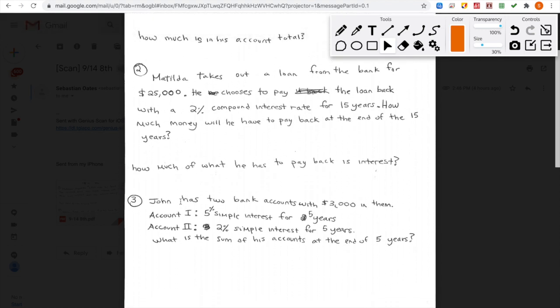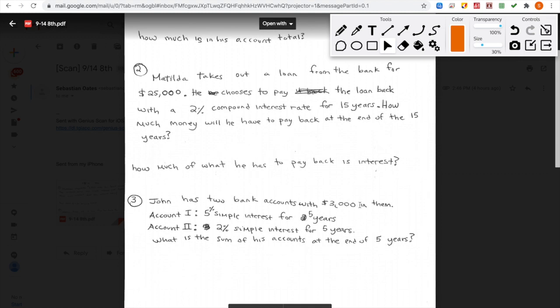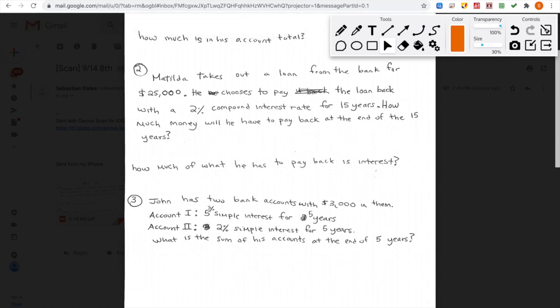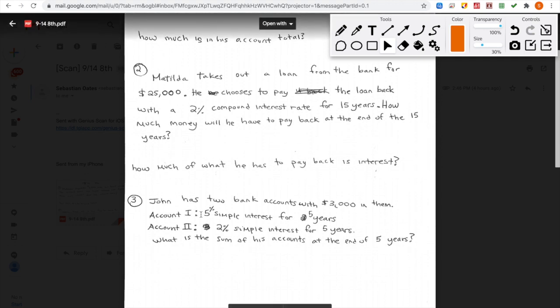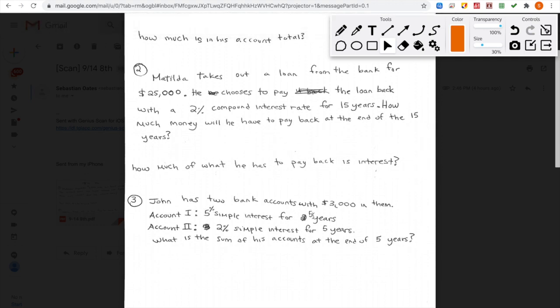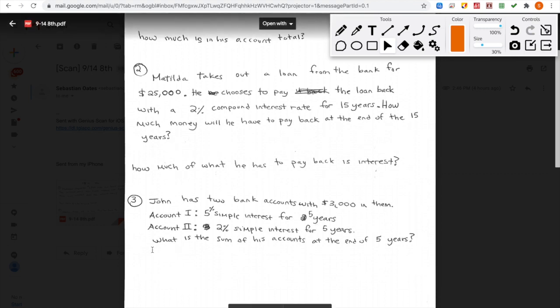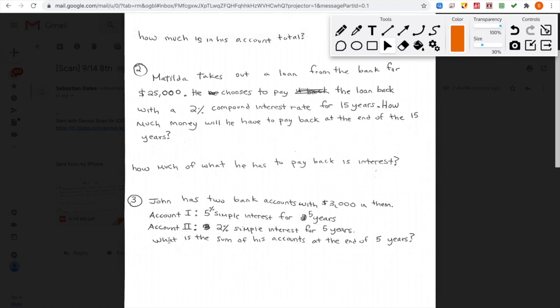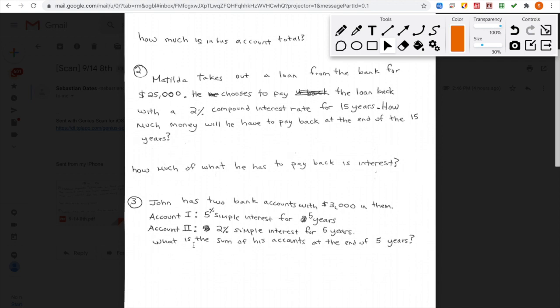So it says John has 2 bank accounts with $3,000 in them. Account 1, we have 5% simple interest for 5 years. So you're going to use the simple interest formula. On account 2, it's 2% simple interest for 5 years. So you're also going to use the simple interest formula. What is the sum of his accounts at the end of 5 years?